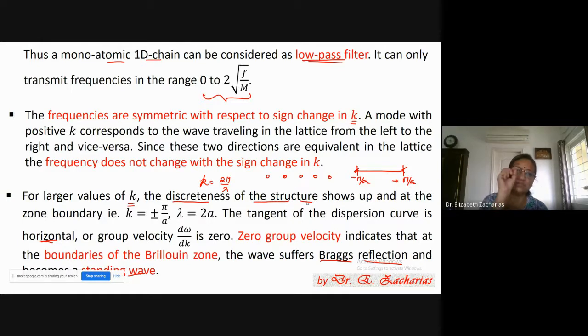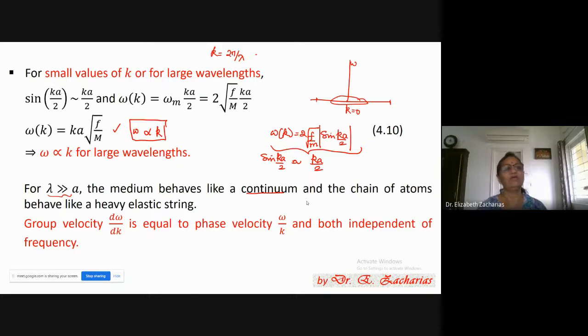You will see this as discrete atoms. Whereas when we are talking of large wavelengths, it doesn't see these individual atoms. It treats this entire medium as a continuum. The chain of atoms behaves like a heavy elastic string.